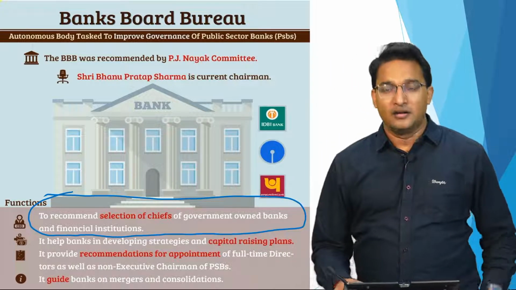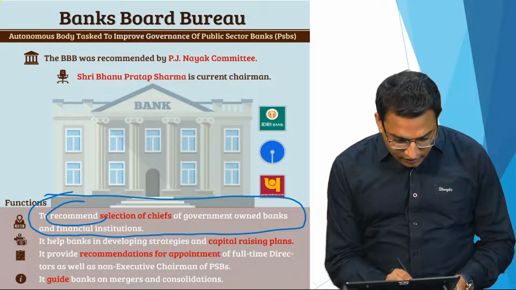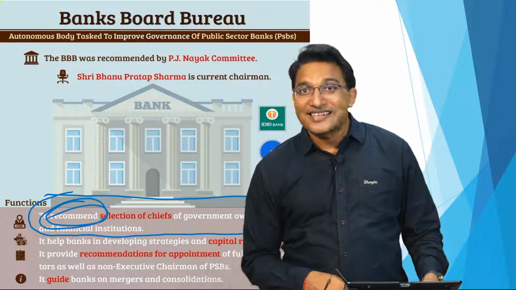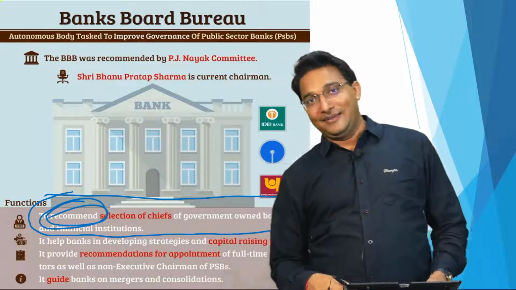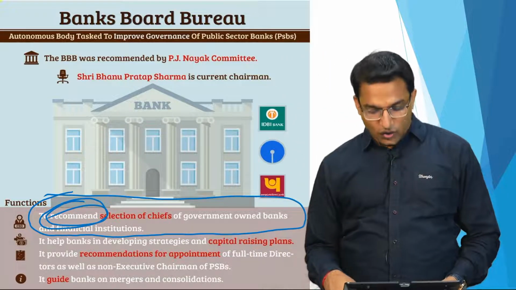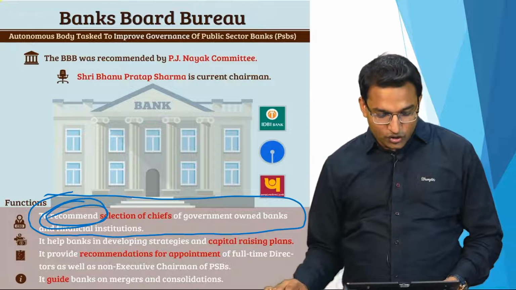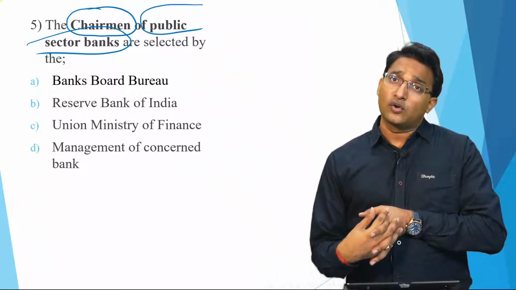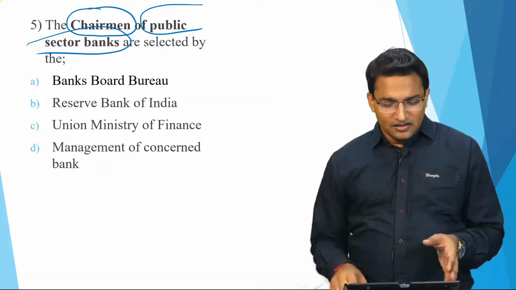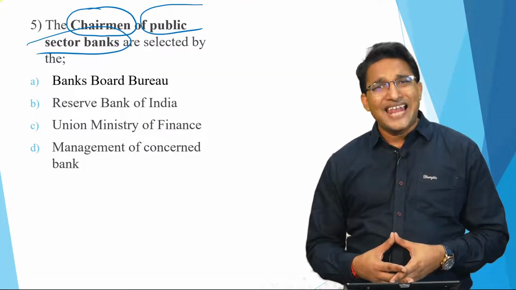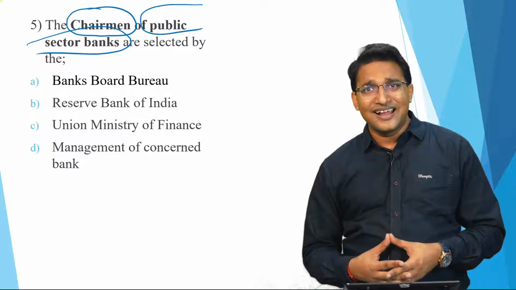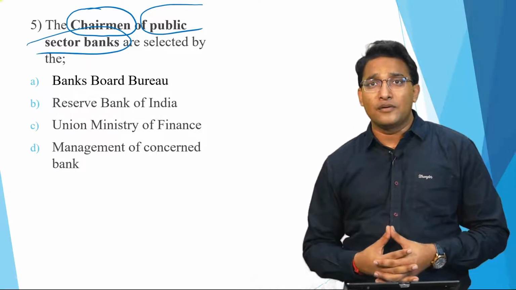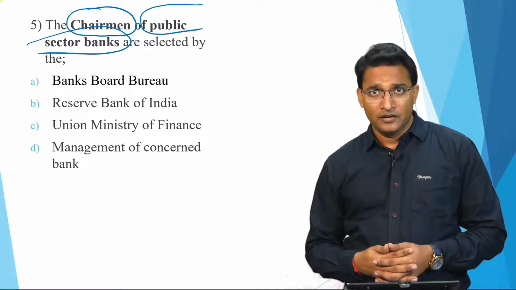The point is to recommend. It is not selecting. It is recommending selection of chiefs of government-owned banks and the financial institutions. Now going back to the question, we will find that Bank Board Bureau is not selecting, it is just recommending. So who is selecting the bank chairman?